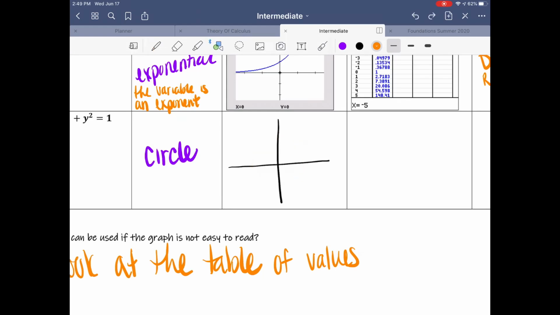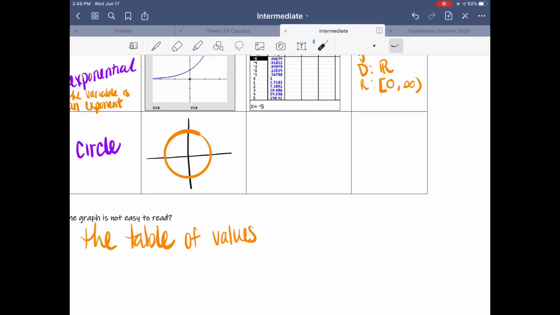Oh, you know what? I have a circle tool. Here's my circle. So is it a function if I drew a vertical line through it, does it hit in more than one place at one time?